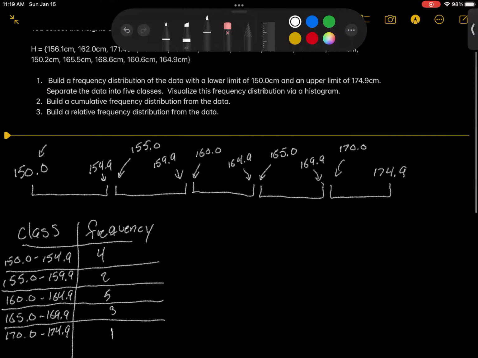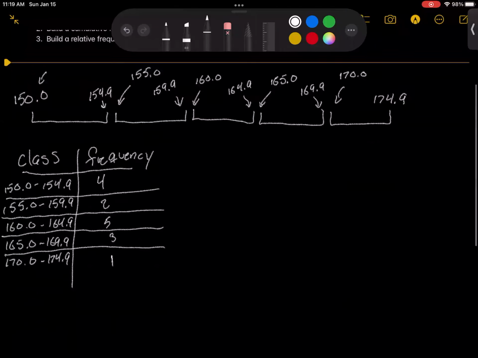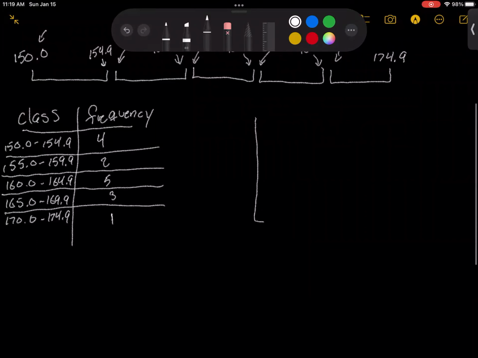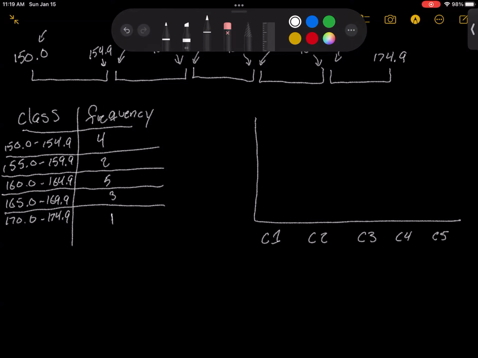The second part of the first question wants us to visualize this frequency distribution with a histogram. So we have class 1, class 2, class 3, class 4, and class 5. On our y-axis will be our frequencies. Class 1 has 4 data values in it.